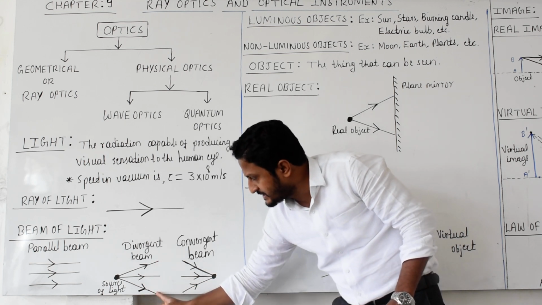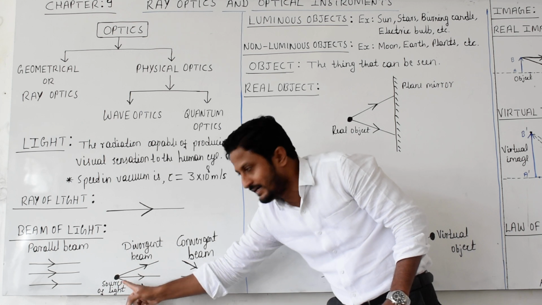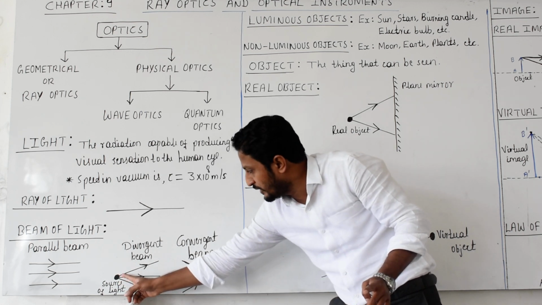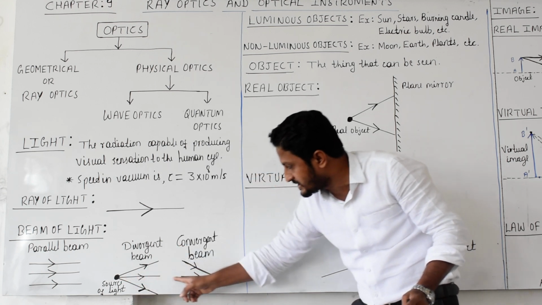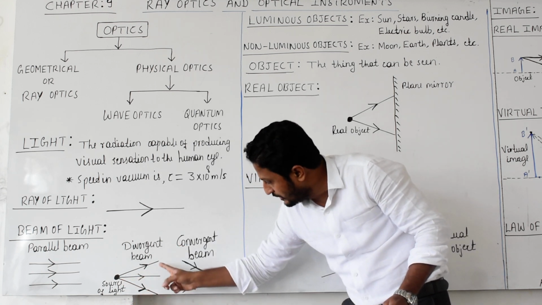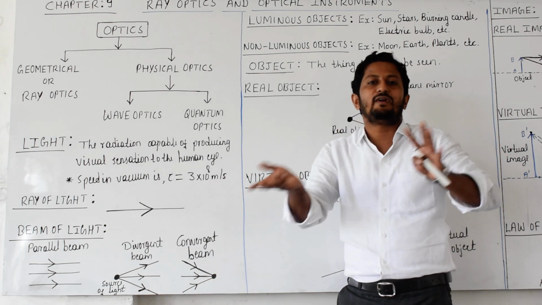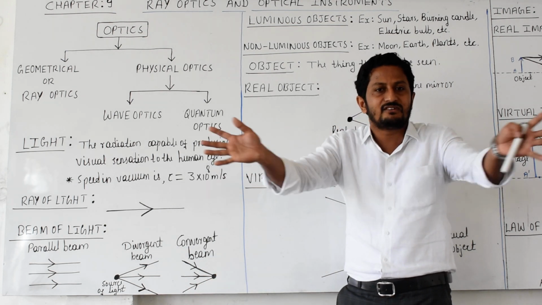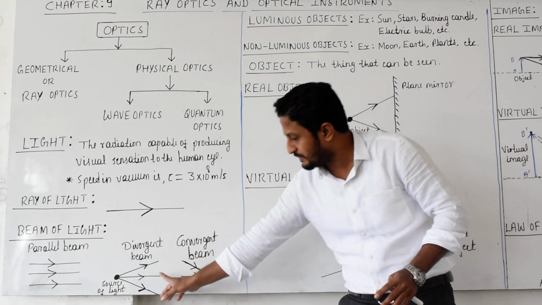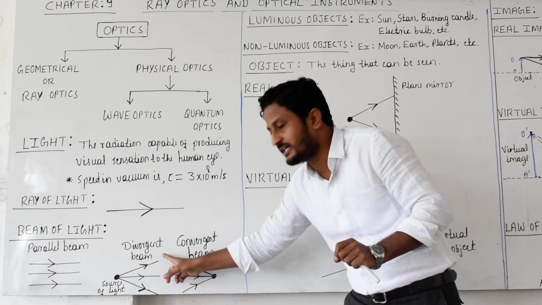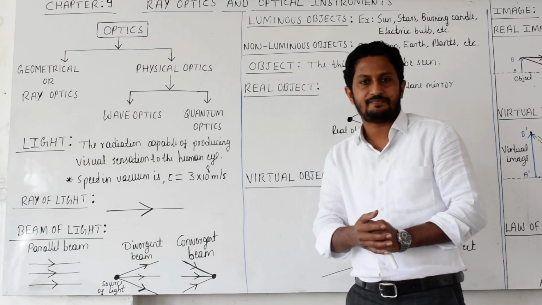Those three light rays from that source of light are moving away. This one is going in this direction, this one in this direction and this one here. Look at how they are away from each other, they diverge. Such a beam of light is called a divergent beam of light.